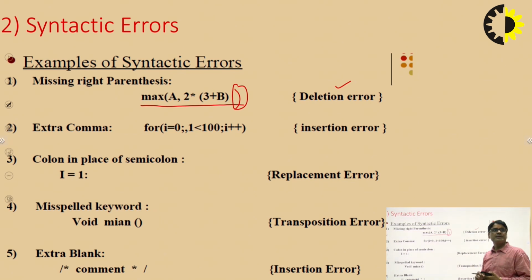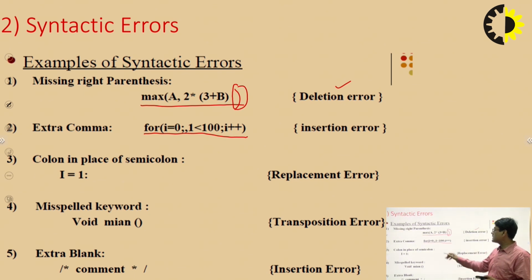Then an extra comma: if you put an extra comma, like in this for statement, that is a kind of syntactic error. You are putting two commas, that is semicolon then comma, so it is called an insertion error because you have inserted some additional things. The earlier one is a deletion error because you have missed out some part which is required for this code.